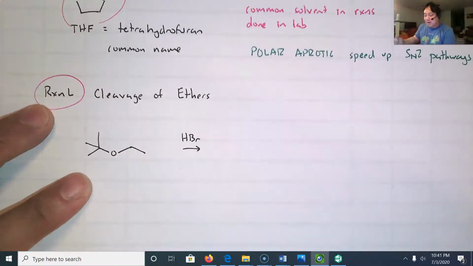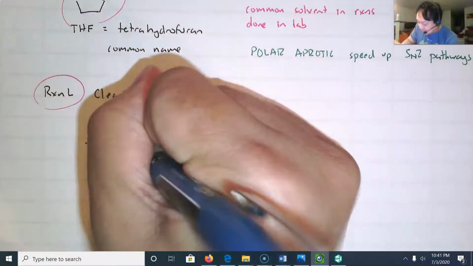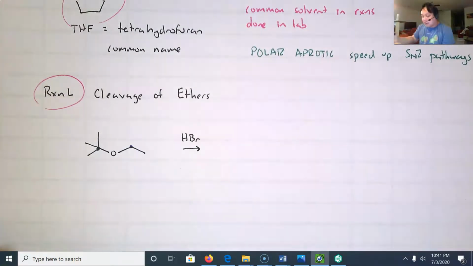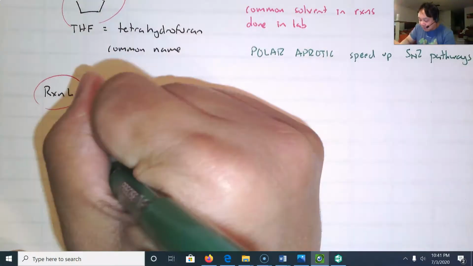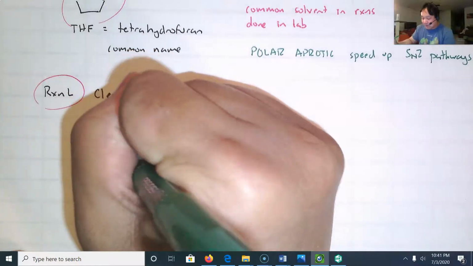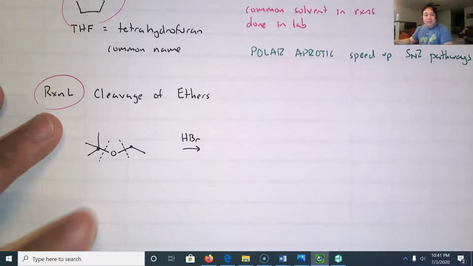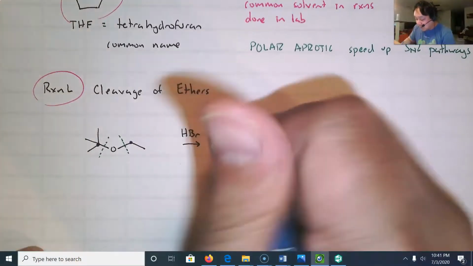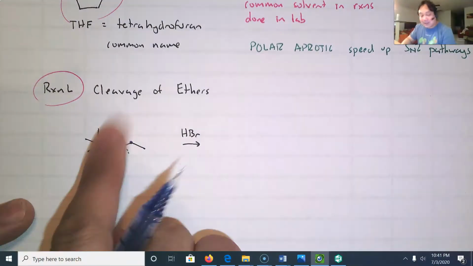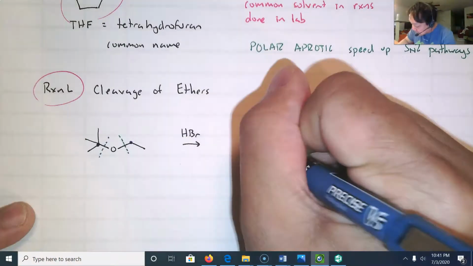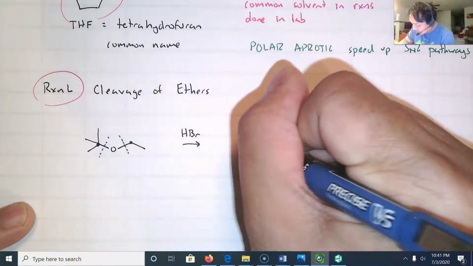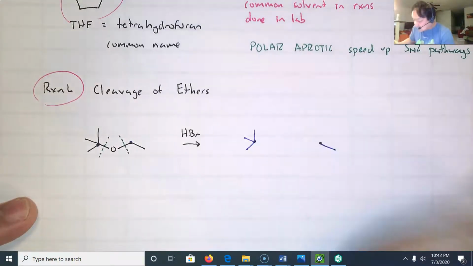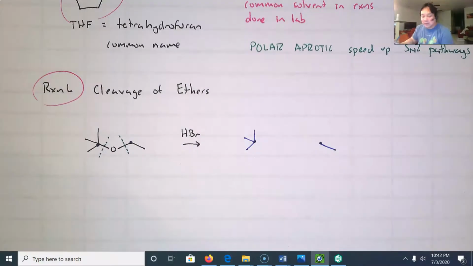Look at our molecule here. It's an ether. And we're going to do a cleavage. So you are literally going to cleave both sides actually. We're going to go over the mechanism so you know exactly how this happens. But when I take my scissors and I cut, when I cleave, I have this piece on the left, the dot, and I have this piece on the right. And that's where your halogen is going to go.